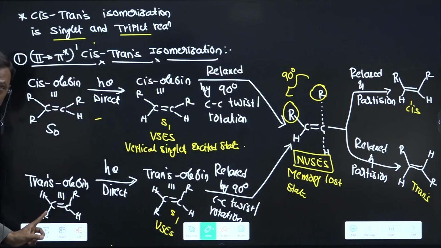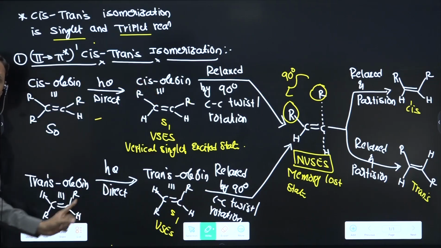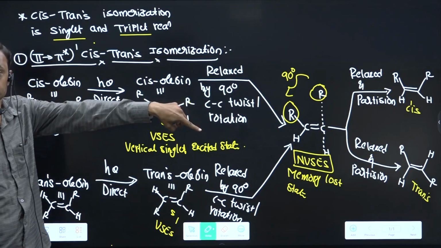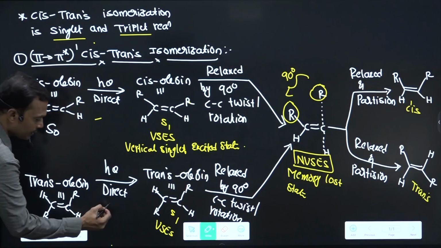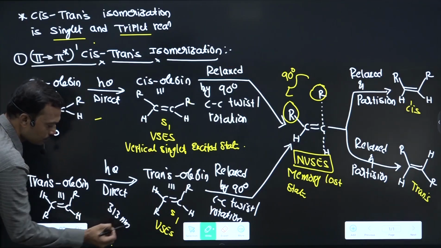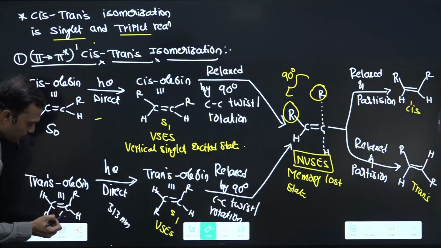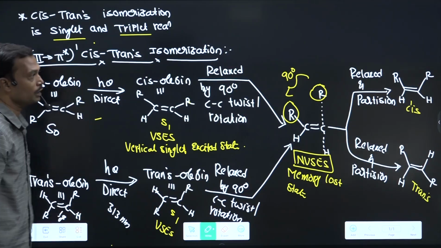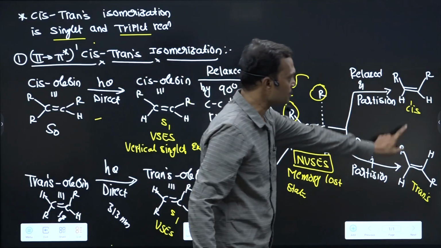Here see, 1 gram, what is the wavelength? 313. At that time, the percentage is 93, 7%. If I take 313 nanometers, and suppose 1 gram is there, this 1 gram absorbs 313 and it will give this 93, this 1.